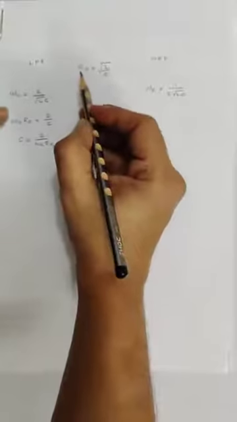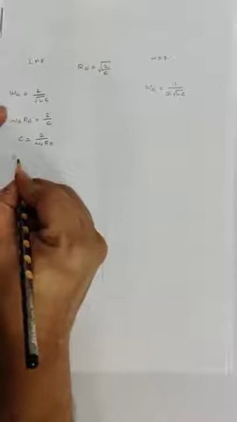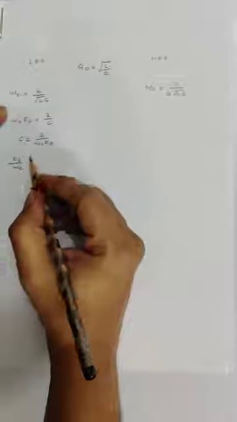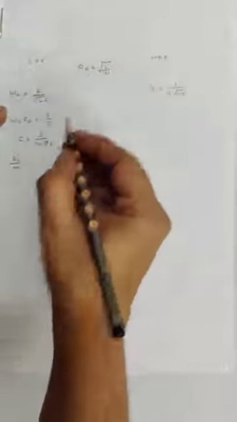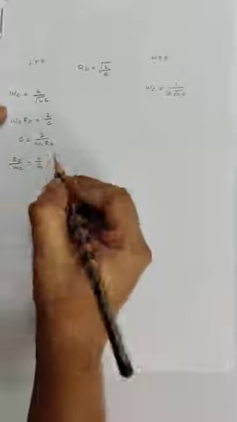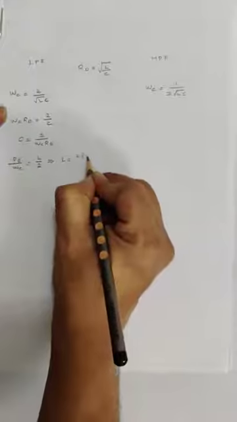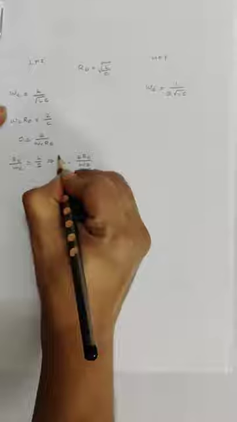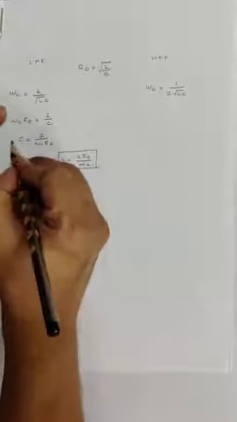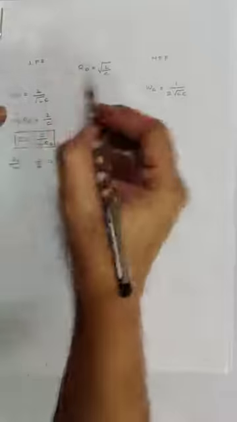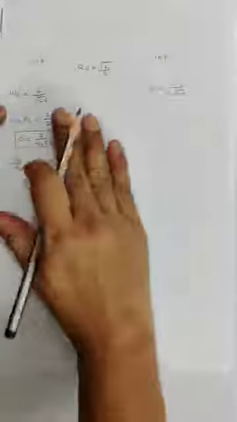And if we divide R0 by omega C, then you will have that root C will get cancelled and you will have L by 2. From this we will have the formula for the L. The L will be 2R0 by omega C. So this is how we can derive the formula if we know the cutoff frequency and the nominal impedance.